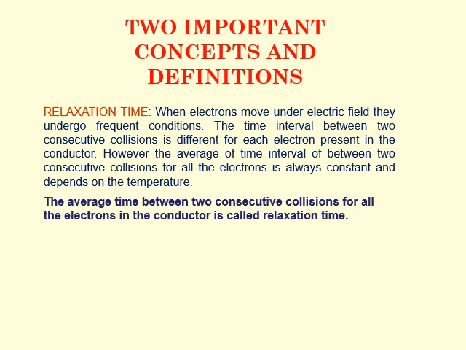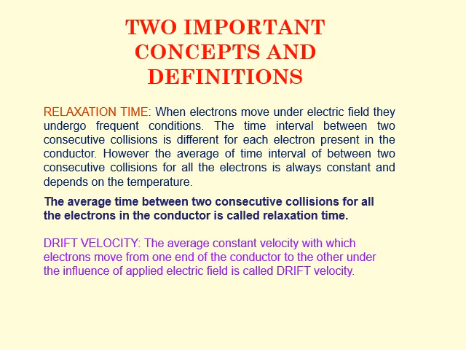Let us come to drift velocity. We already had a theoretical discussion of the drift velocity in the previous sections. Here we shall be providing a brief definition and a mathematical definition of drift velocity. The average constant velocity with which electrons move from one end of the conductor to the other under the influence of applied electric field is called drift velocity.